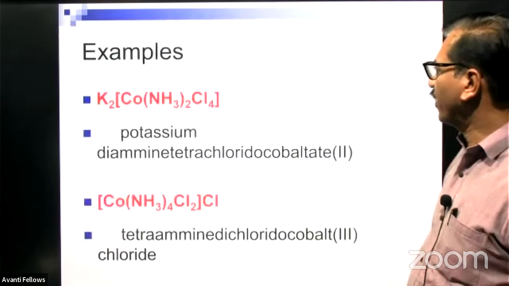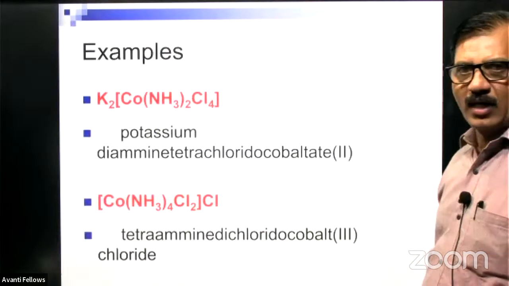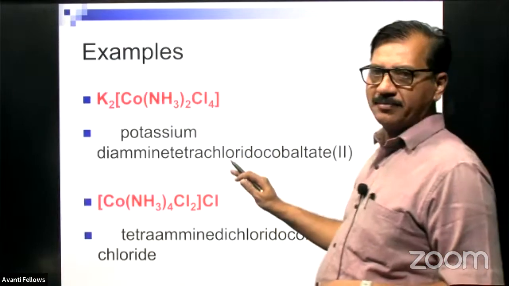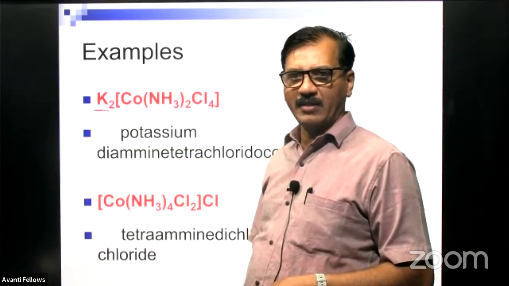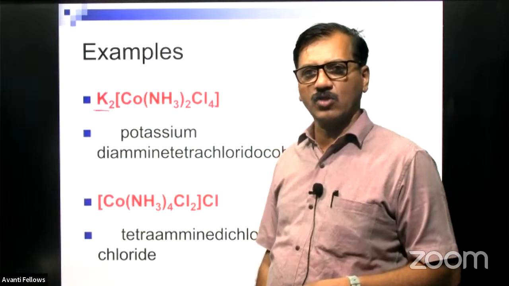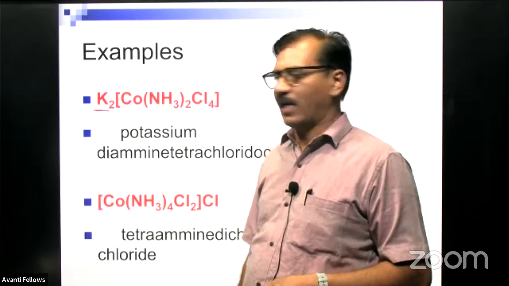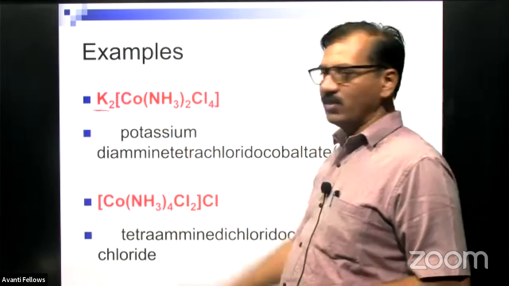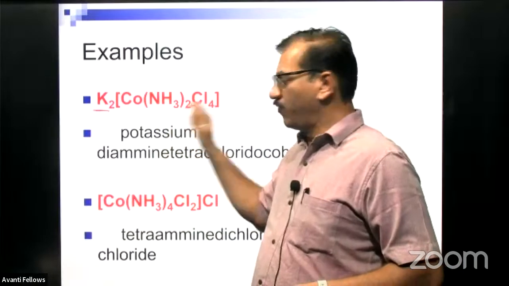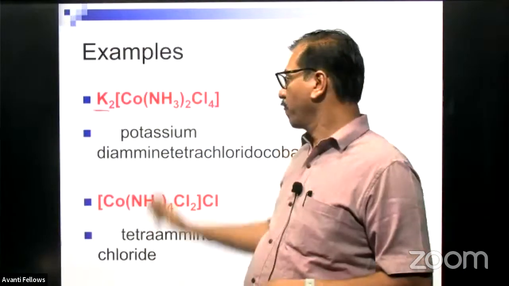We'll take specific examples. How to name this? First, the cation, which is potassium. In inorganic salts, we first name the cation. Then, for the complex ion, it is the ligands first, in alphabetical order.